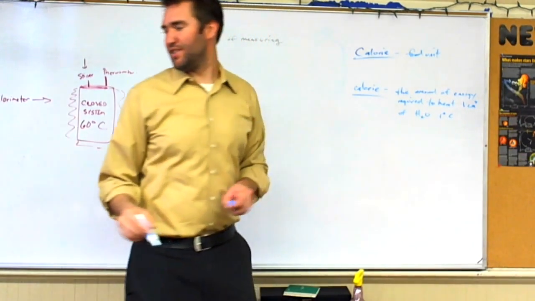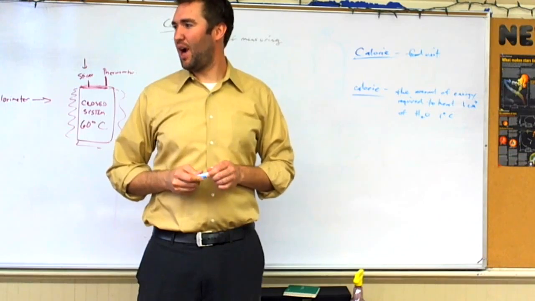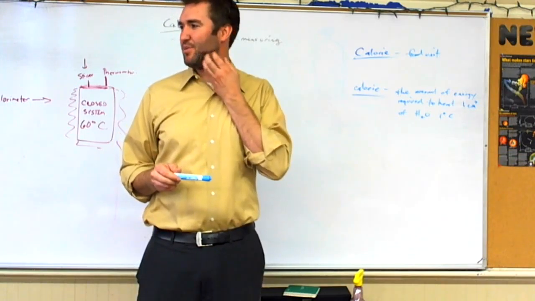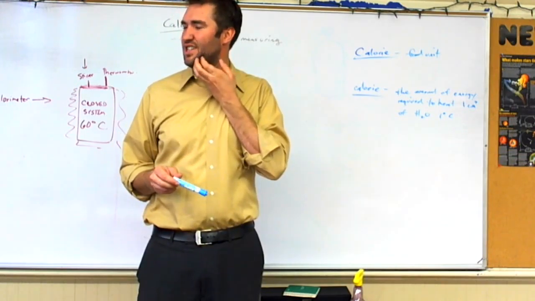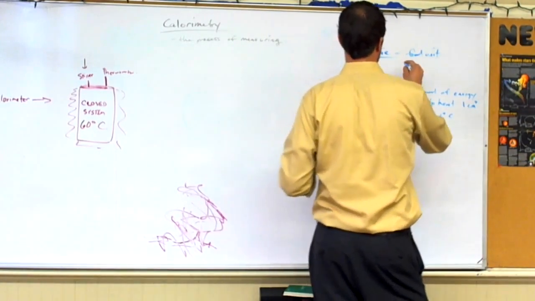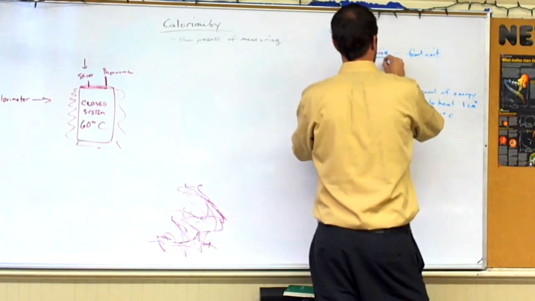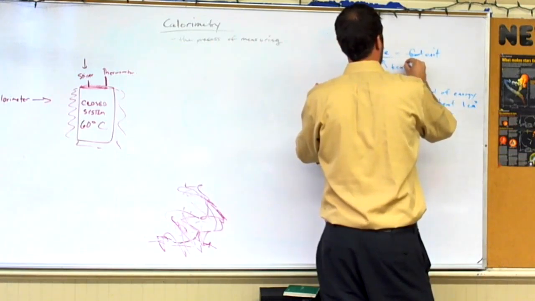I don't know if we defined the food calorie similarly, as far as being 1,000 of those. Kilocalorie, the same as food calorie. Yeah, we equated those two. The food unit is the same as a kcal.